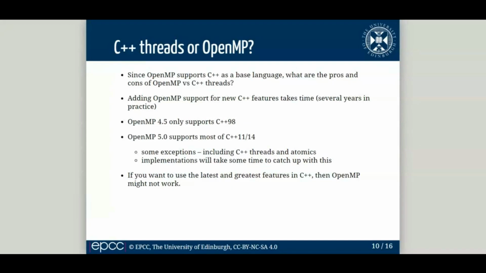What I mean by that is, for instance, OpenMP version 4.5 only supports C++98. That is actually more like the C++ that I used back in the time when I was doing my degree. OpenMP 5.0 supports most of C++11 and 14, but you know that there is now 17, 20, 23.